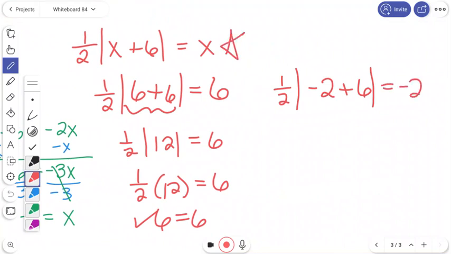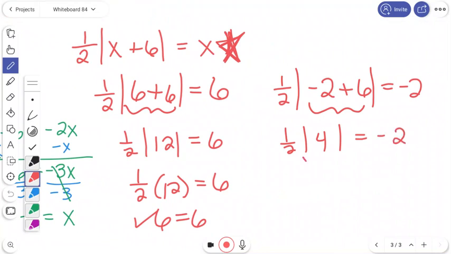Remember, we're plugging back into this original equation right here. 1/2 absolute value, negative 2 plus 6 should equal negative 2. Well, let's break this down. Look at the inside of your absolute value bars. You treat those like parentheses. Negative 2 plus 6 gives us 4. So we have 1/2 times the absolute value of 4 should equal negative 2.